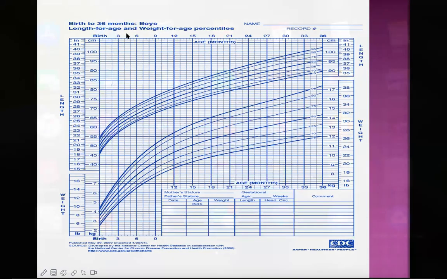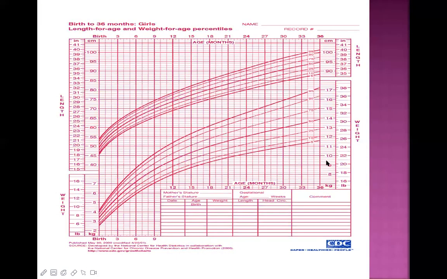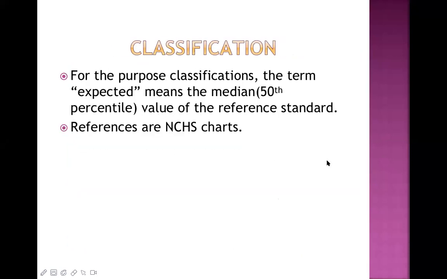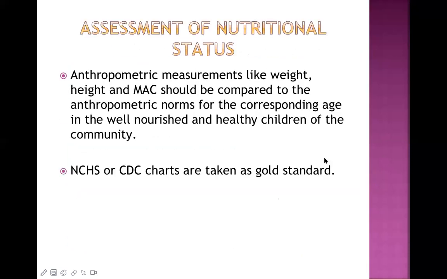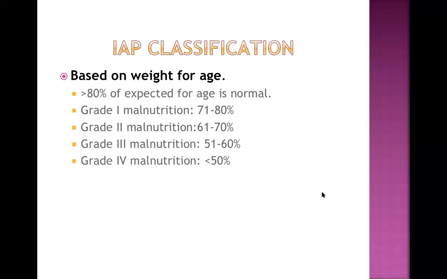Okay, now let's move on. Okay, I should go back now. See this, this is the classification according to the nutritional status. According to that percentage which I just told you, different classification systems come into the picture.